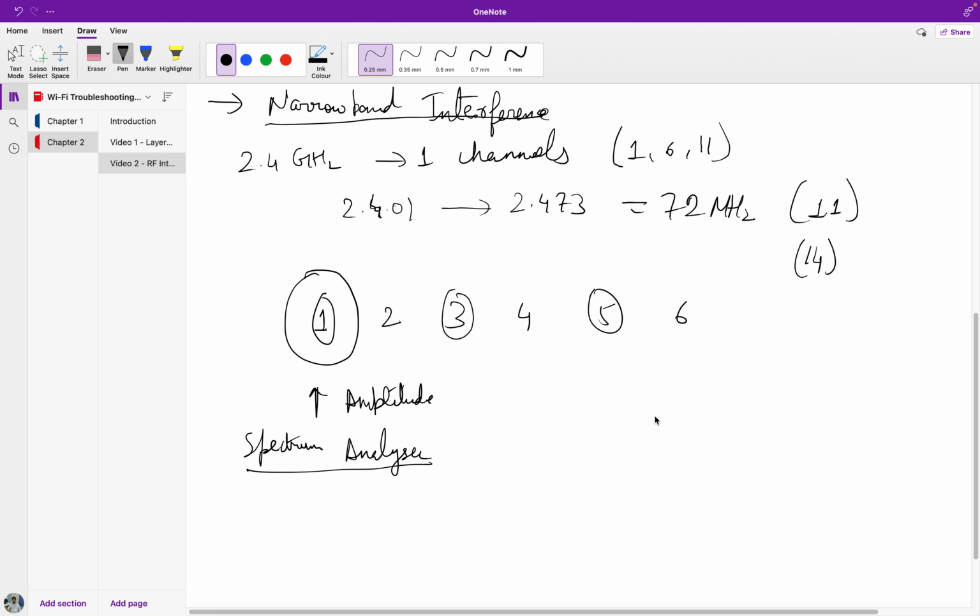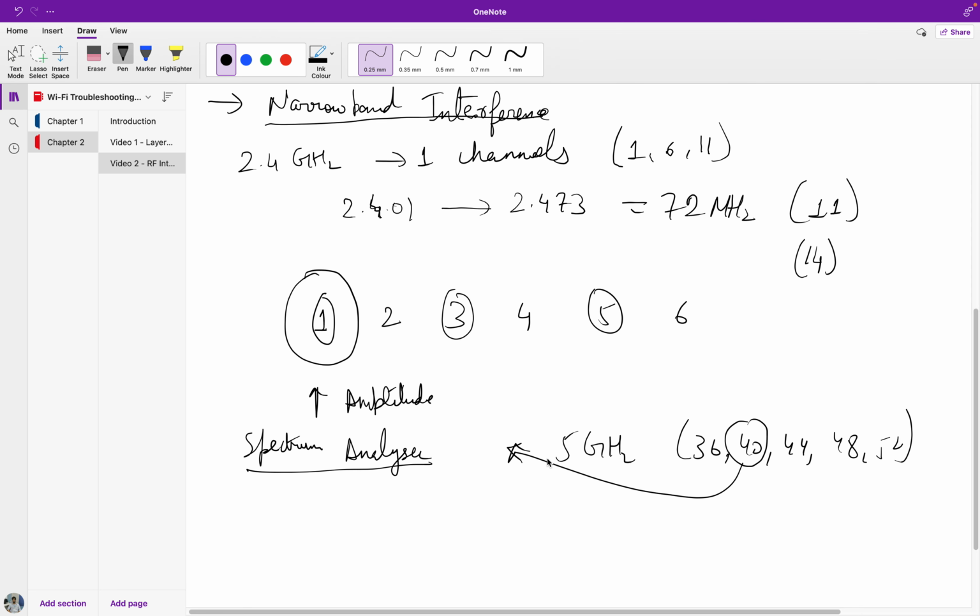Because let's take an example of 5 gigahertz, we have 36, 40, 44, 48, 52, all these channels are available, for example, and if only channel number 40 is jammed, I can figure that out from a spectrum analyzer. I can just quickly check, okay, channel number 40 is jammed, or a narrow band interference source is on channel number 40.